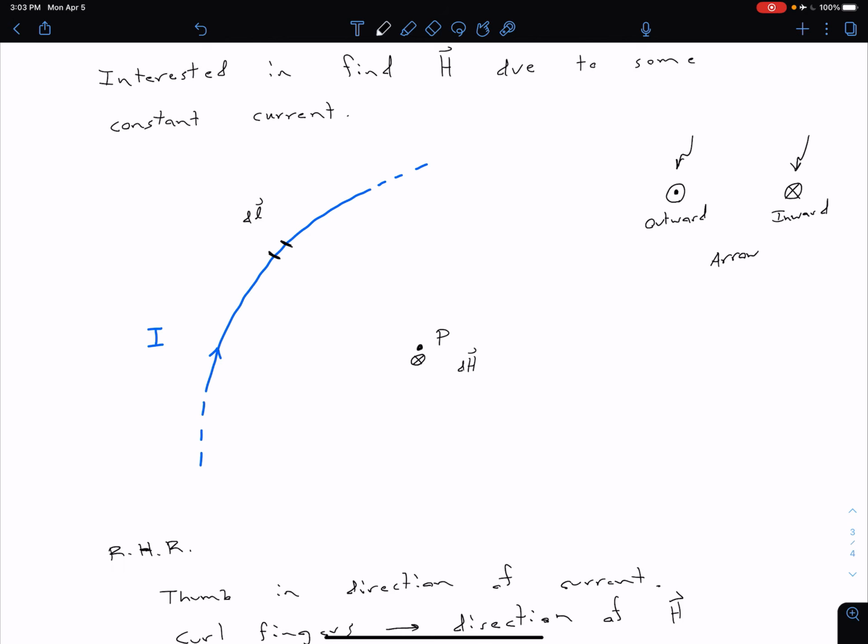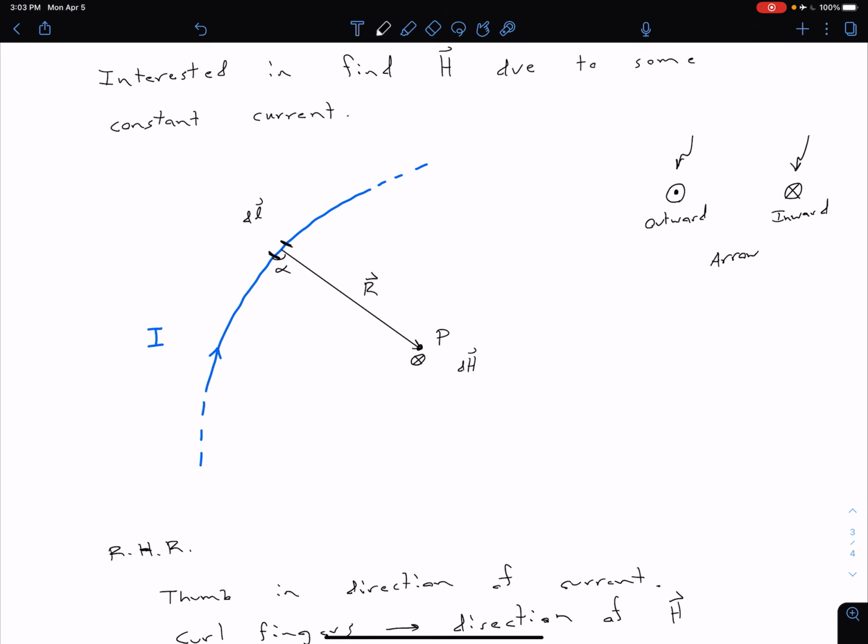We draw a line from that differential segment to our point of interest, and we call this our R vector. Let's also define some angle alpha made by that R vector and the path of our current.